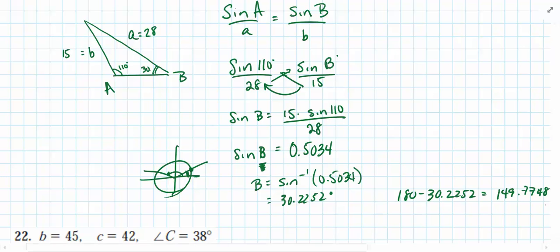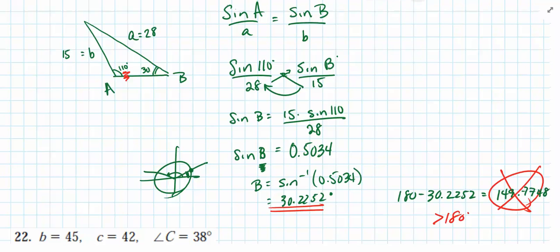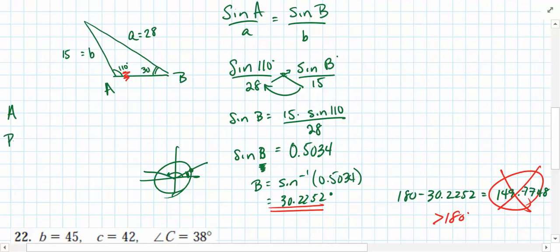Now, this one's not going to work for us, and I know that because one of my angles is already 110 degrees, and if my other angle was 149 degrees, that would be greater than 180 degrees, and we can't have that inside of a triangle. So the only acceptable answer is to find that angle B is equal to 30.2252 degrees. So let's start finalizing our answers now. We can solve this triangle, and we have confidence now knowing that there's only one triangle that's going to meet these requirements.